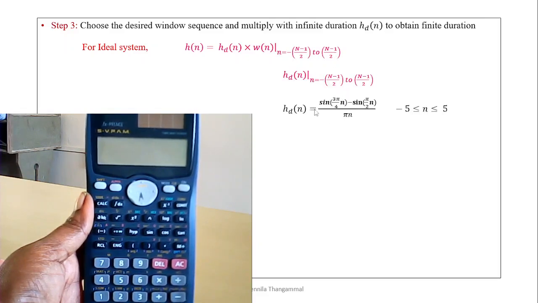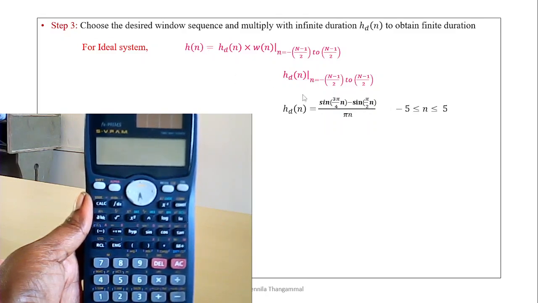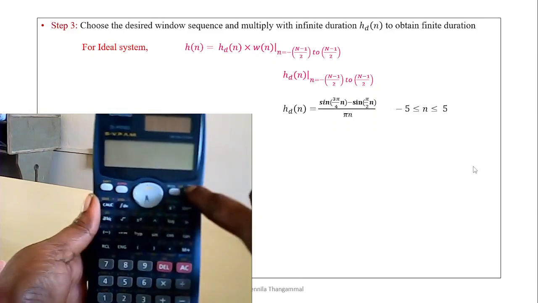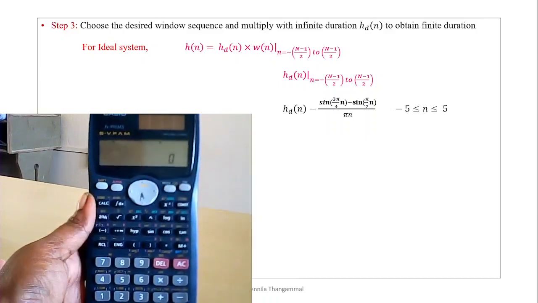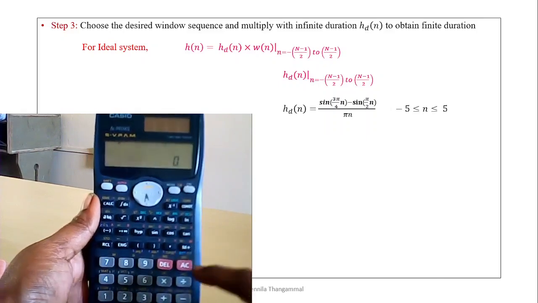Here the hd of n they have given, for n not equal to 0, is sin 3 pi by 4 n minus sin pi by 2 n divided by pi n, and the window technique used in the problem is the Hamming window. So let us see how to solve this. Make sure the calculator is in radians mode.